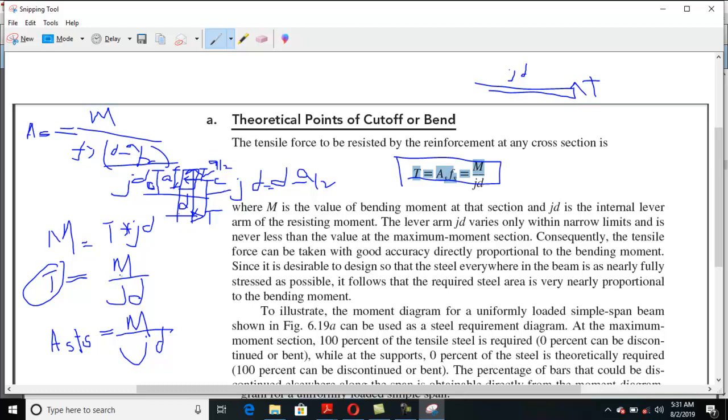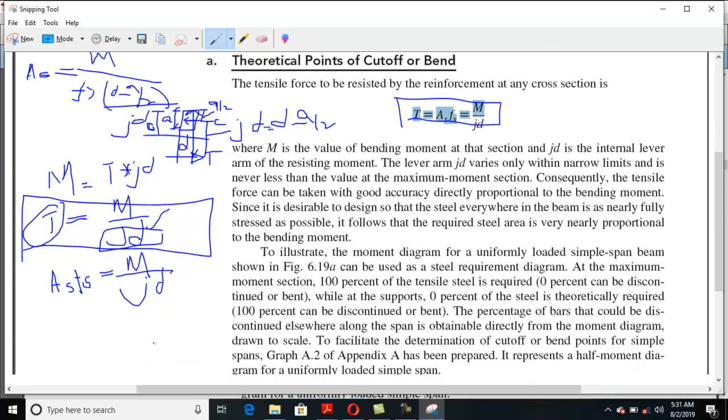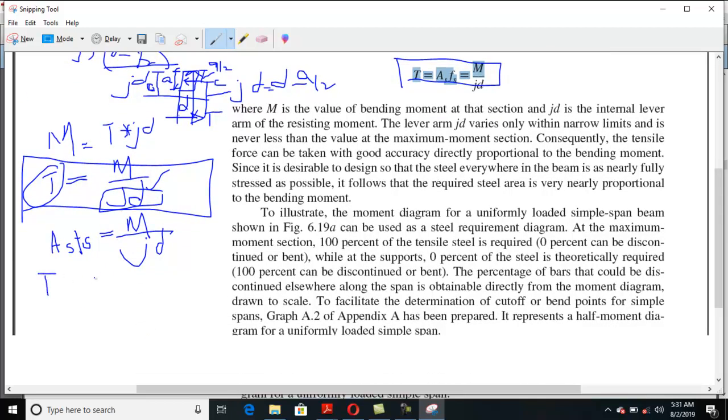Now in this equation we know a very basic relationship: jd remains constant, since there are only narrow changes occurring along the length of the beam. If we ignore those changes and assume jd constant, then we can directly say that tension is proportional to bending moment.